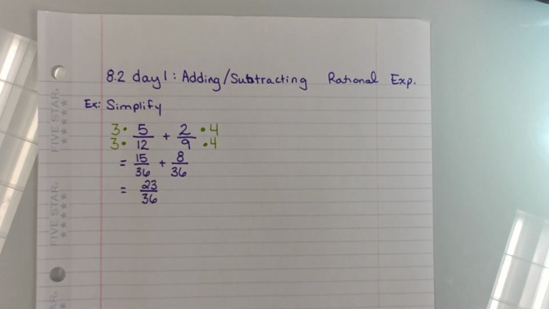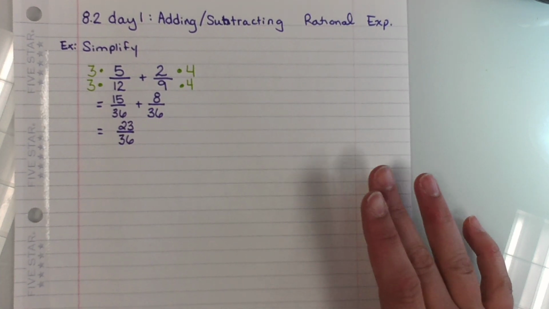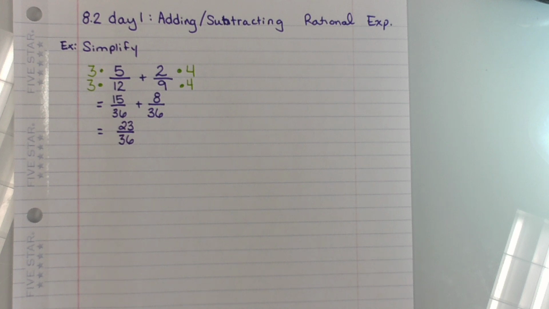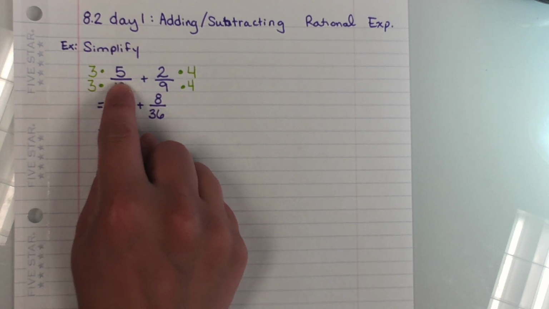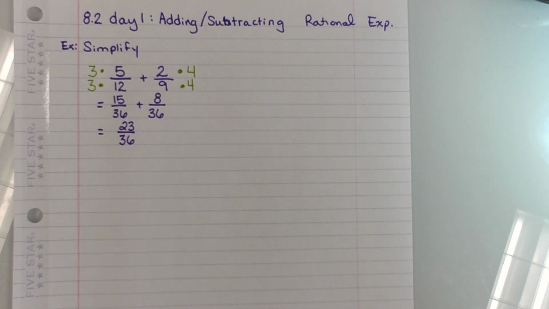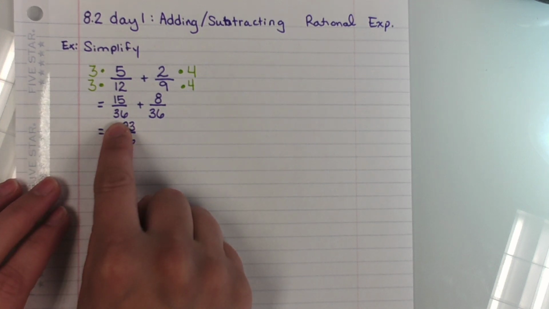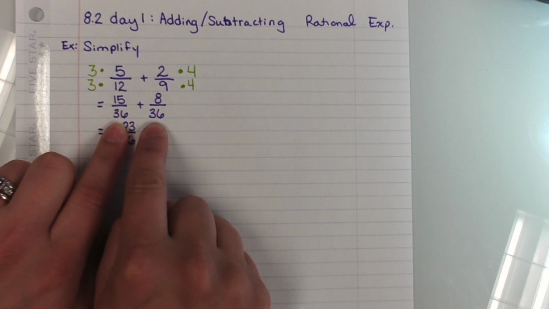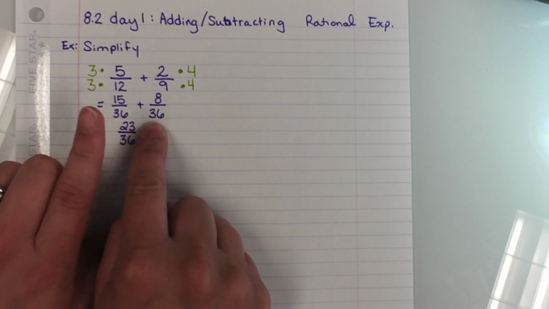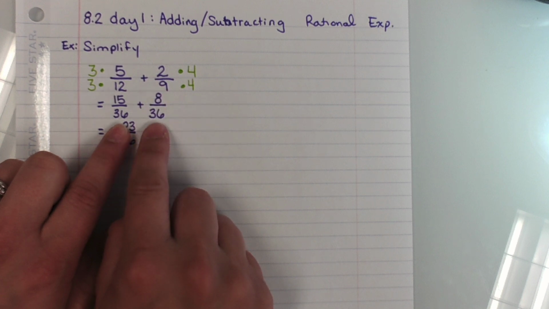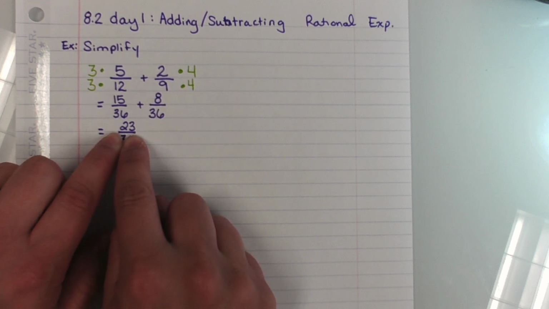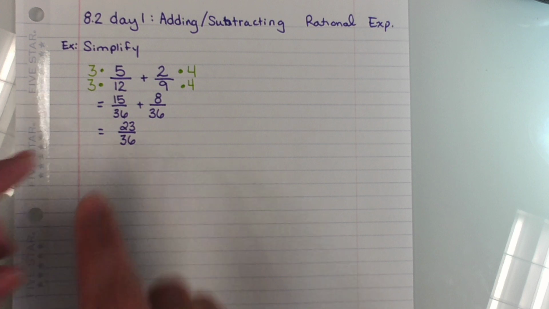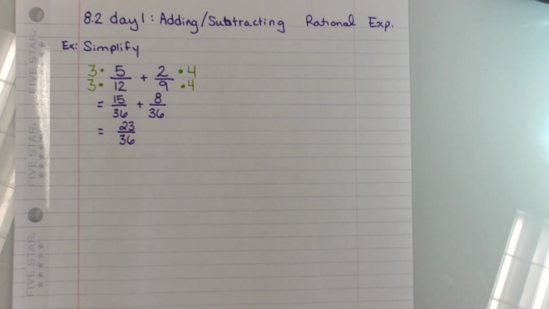When adding fractions, you get that common denominator. That way, essentially what you're doing with the fraction is you are making it where this 5/12, instead of being an object broken up into 12 parts in which you have 5 of them, you're taking that object, breaking it up into 36 parts, and the other object breaking it up into 36 parts and saying, okay, I've got 15 of this from this one, 8 from this one, which means 23 parts, all of the original whole that was broken up into 36 total parts.